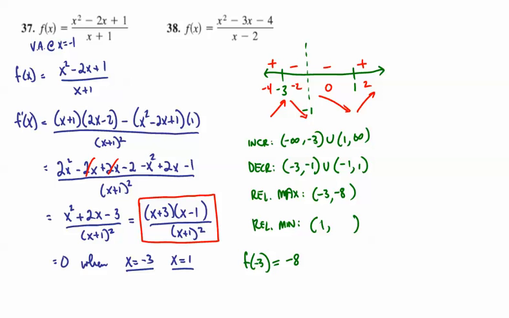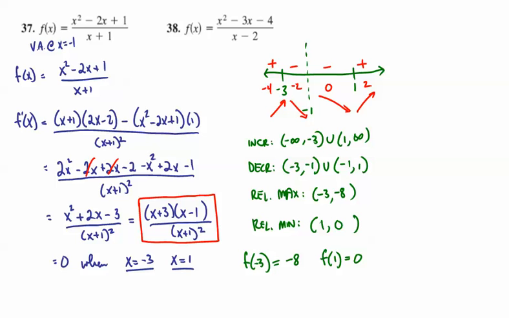So the maximum was at -3, -8. The minimum we plug in 1. So we're looking for f of 1. Plugging that in, we get 1 minus 2 is -1 plus 1 is 0 over 2. So that's going to be at 0.